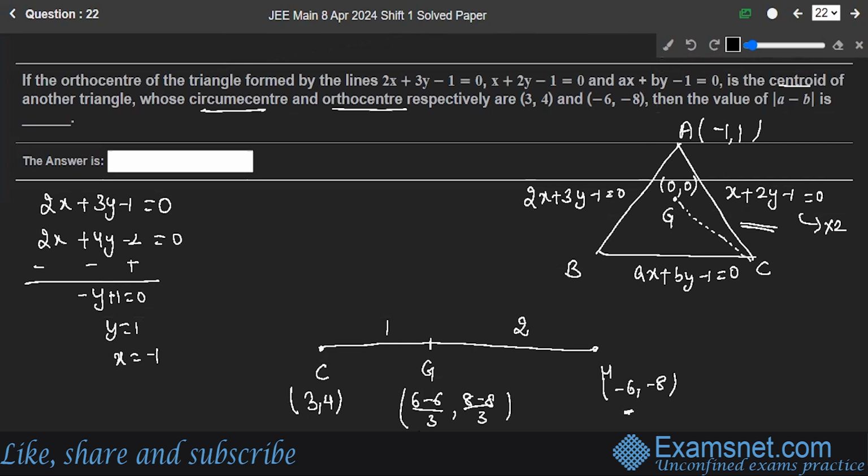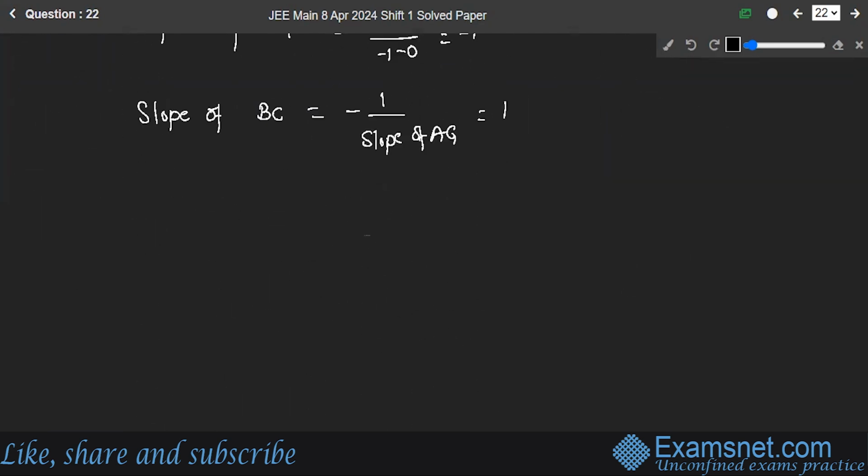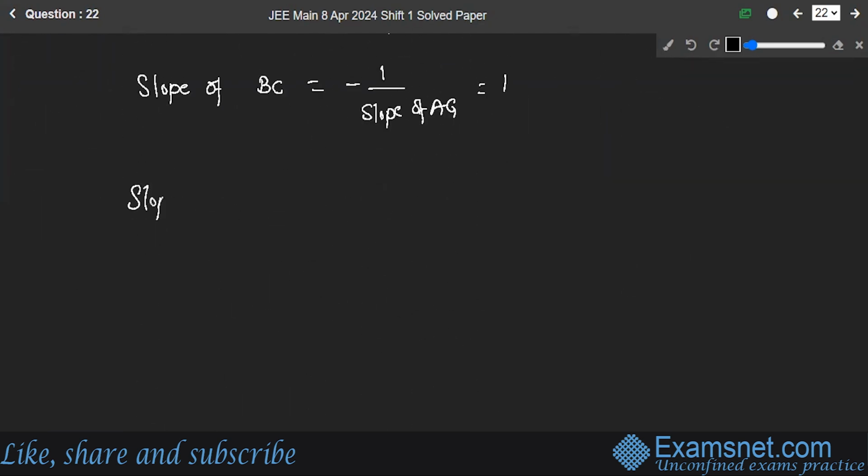Let's try and find out the equation for CG now. I have the coordinates for G. Let's find out the slope of CG. For that, let's find out the slope of AB. The equation was 2x plus 3y minus 1 is equal to 0. So y will be equal to minus 2 by 3 x plus 1 by 3.